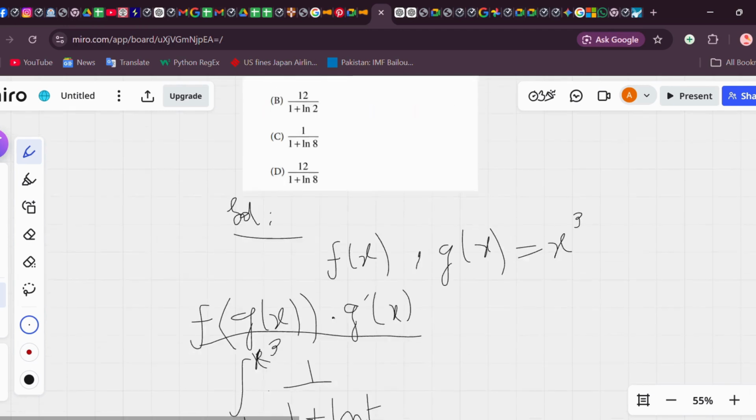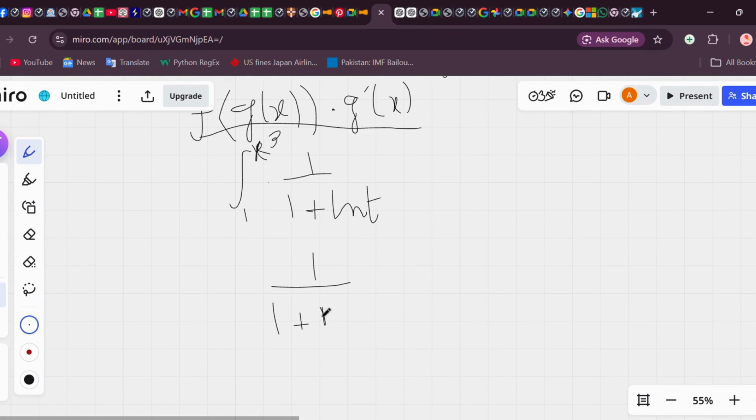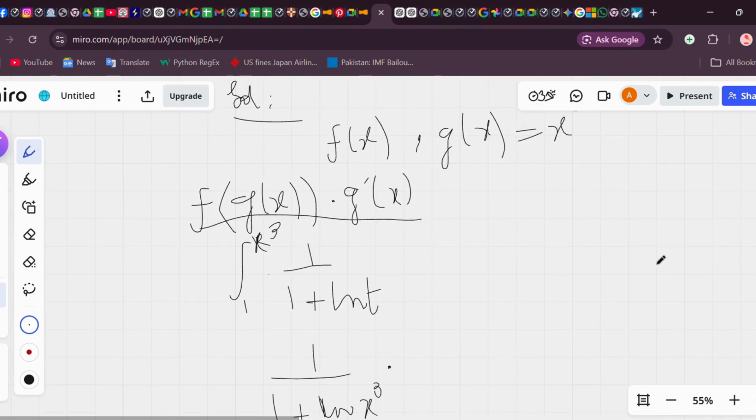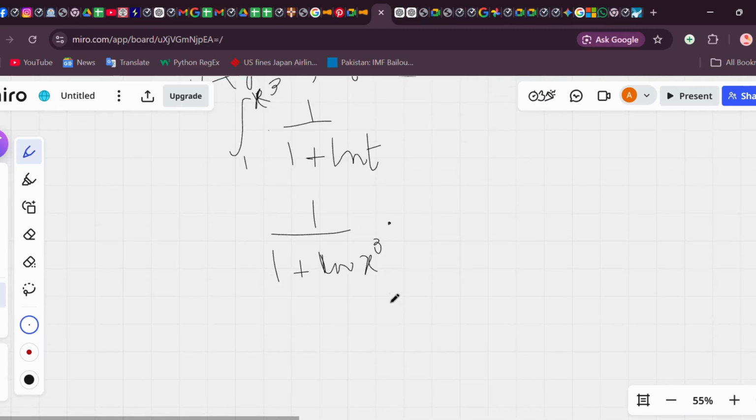So 1 over 1 plus ln t will be replaced by x cube, because x cube was our g of x. In place of t we placed x cube.